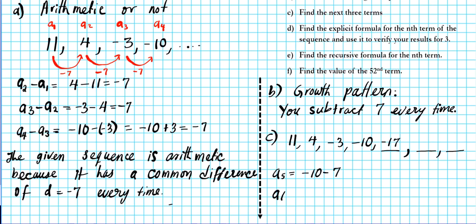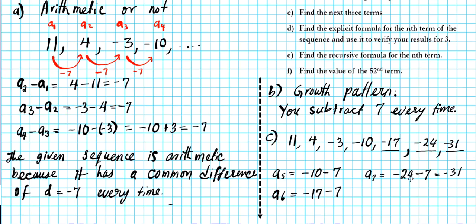And then A6 is going to be A5, negative 17, subtract 7 again, which will give you negative 24. And then A7 is going to be A6, negative 24. You subtract 7 and you get negative 31.